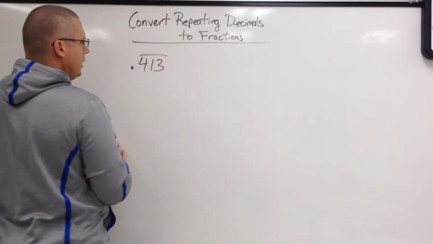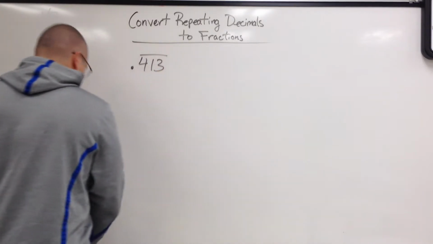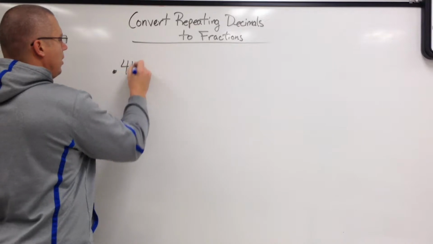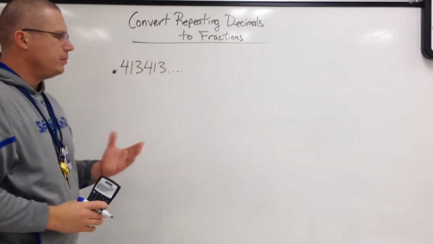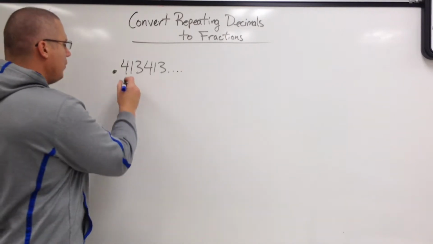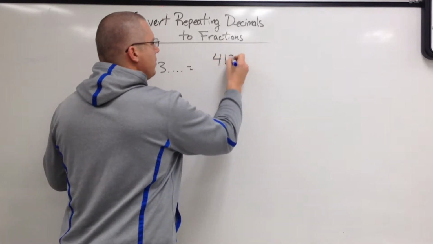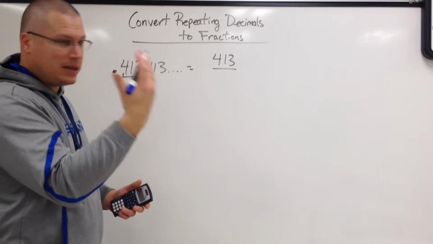0.413 repeating. Take my thing that repeats. Actually, let's do this. What if it was written this way? 0.413413... Okay, so you have to look at this and say, what is the repeating pattern? Hopefully you say, oh, it's 413. So 413 is my numerator. I need a 9 in the denominator to match digits up top.